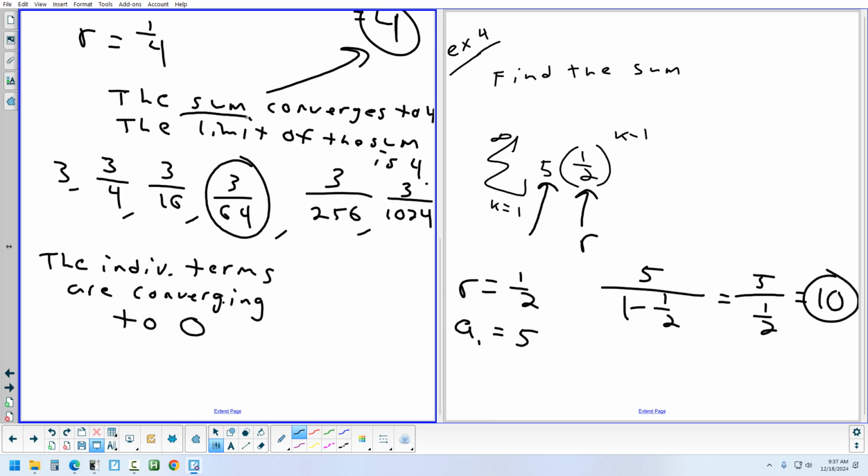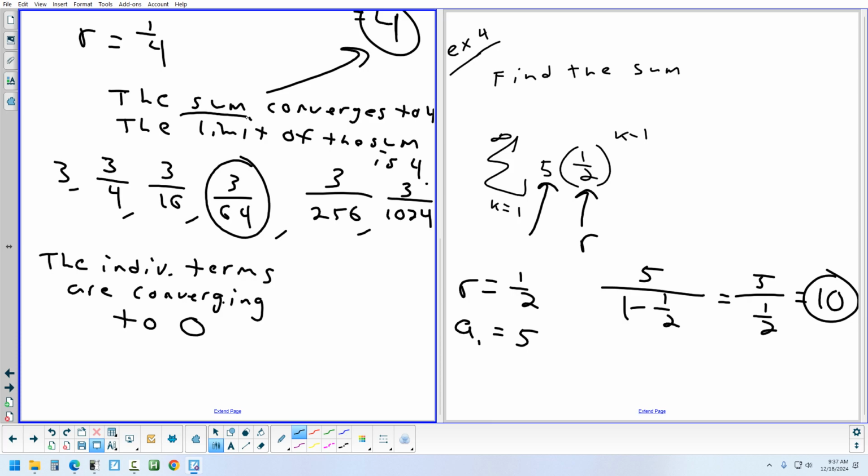The sum of the terms is converging to 4. Any questions on the difference between those two things? The individual terms versus the sum of the terms. That's definitely important for the test.